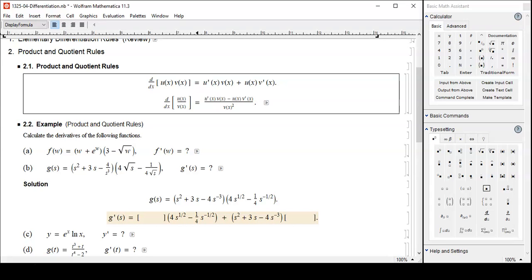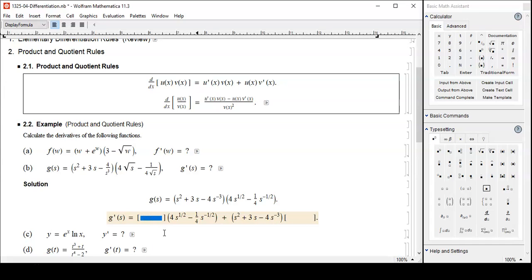Well, that's basically the structure. U prime v plus uv prime. U prime v, well, that's not a derivative computation, it's just copying and pasting. And u, that's just copying and pasting too, no derivative computation. And this one is a derivative. Now, fill those in.